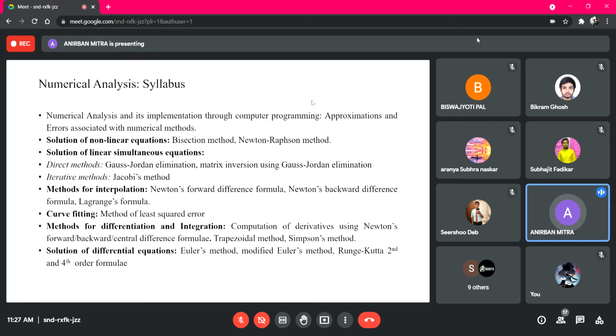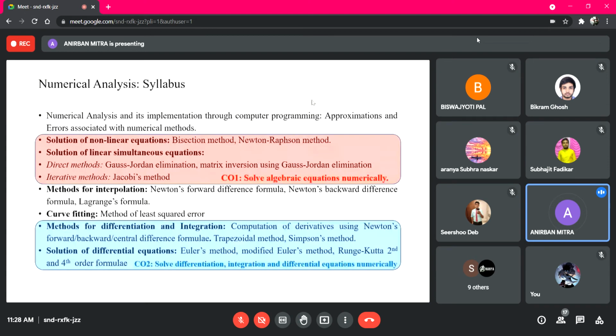If we talk in terms of course outcomes, that is what you will learn from this course once you have completed it. So what you should be able to do at the completion of this course. There are 4 things we are looking at as course outcomes. The first one is that you should be able to solve algebraic equations numerically.